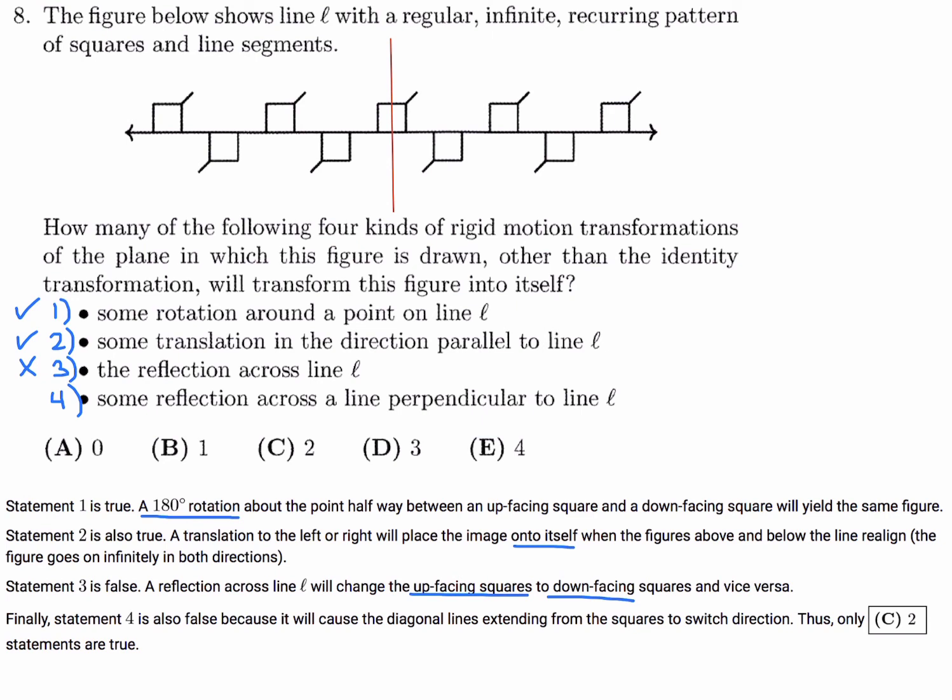Those little lines would not be the same. When you reflect it, it would look like that, and that obviously makes a different looking diagram. The diagonal lines extending from the squares will switch direction, so that doesn't work. So that means of those 4, only 2 will be able to make the figure look exactly like itself, and therefore number 8, the answer is C.